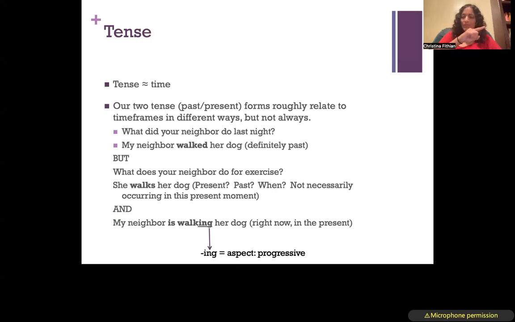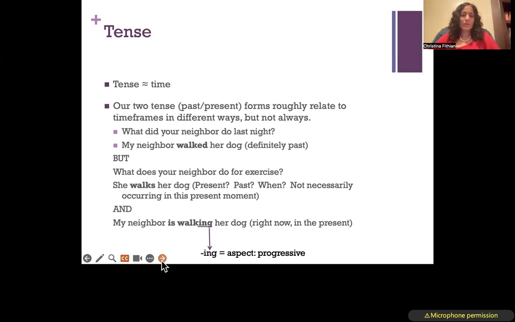Progressive aspect means that we're focusing on the internal structure of the verb. That is that the verb is ongoing over time. And we only get that when we have auxiliary be plus a verb in ing form. So that's actually how we express the actual present moment. We don't use the simple present to express the actual present.